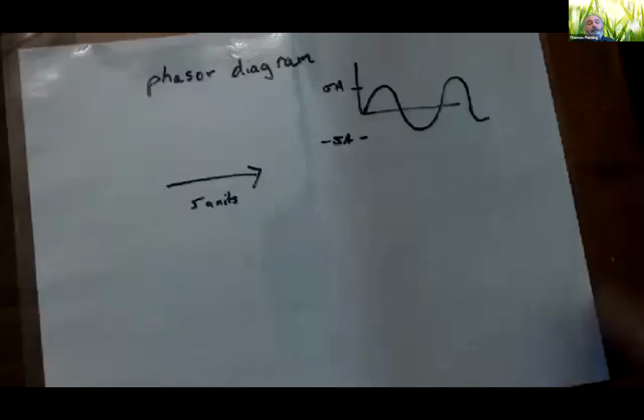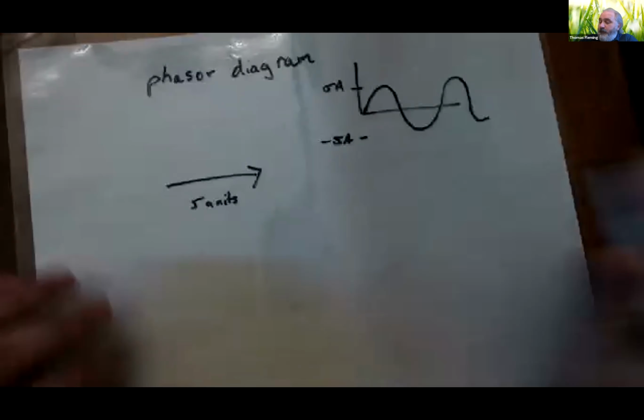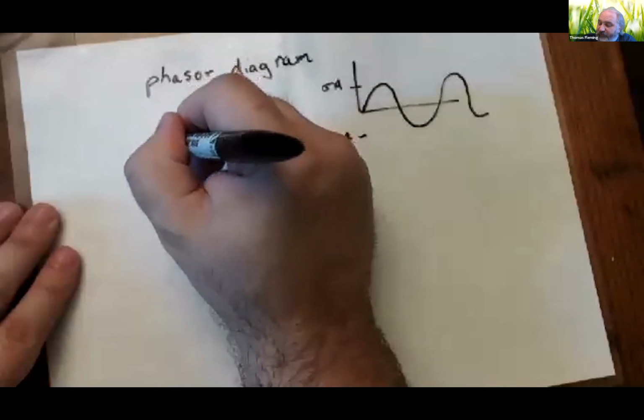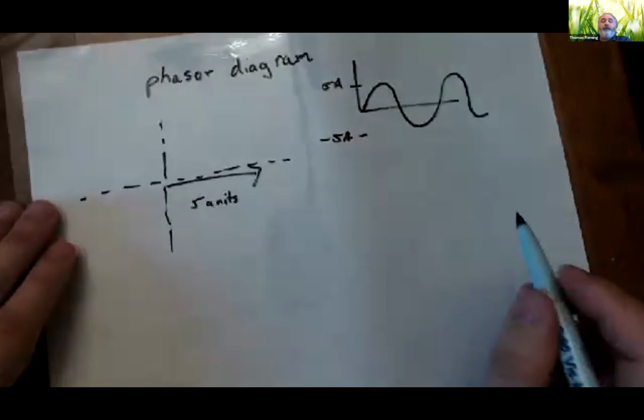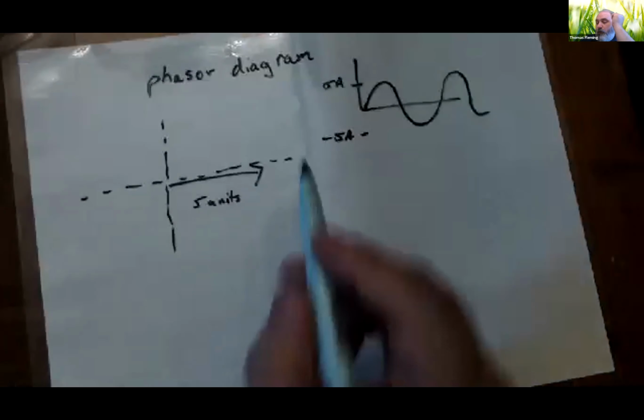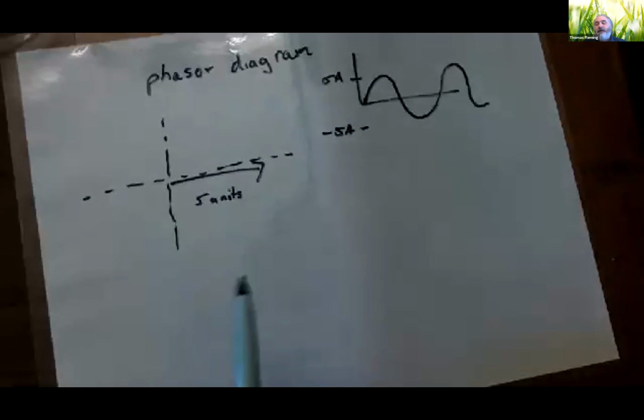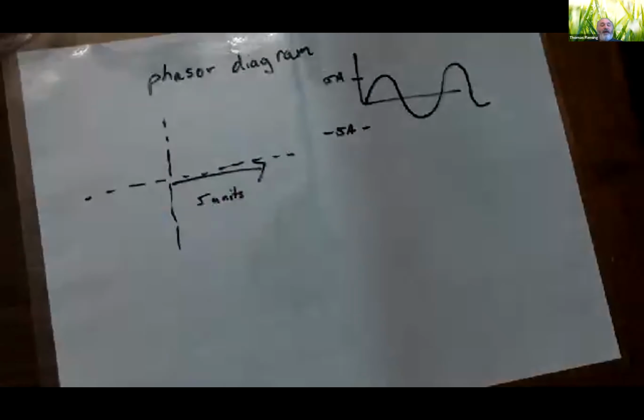Now, here's what we're going to do. And here's my y-axis. Here's my x-axis. What I'm going to do is allow this arrow to spin. So in my imagination, this arrow is going to be spinning constantly at a certain rate.